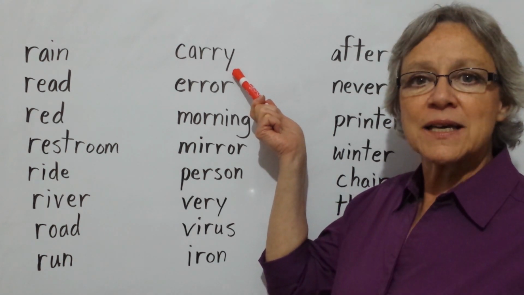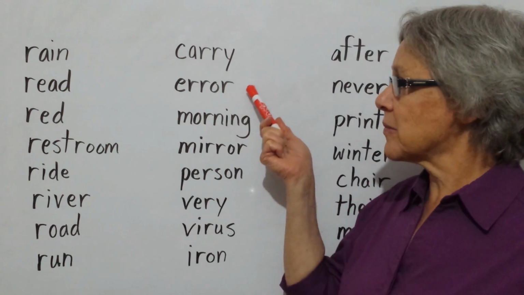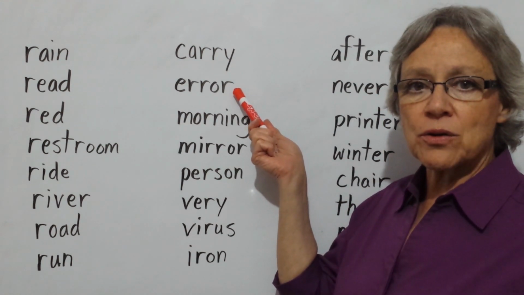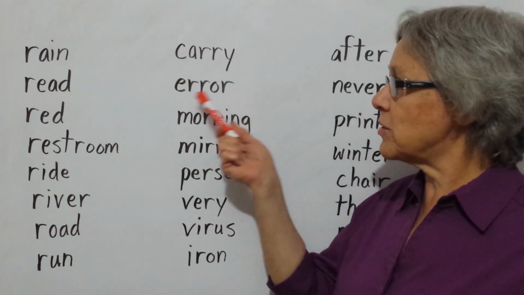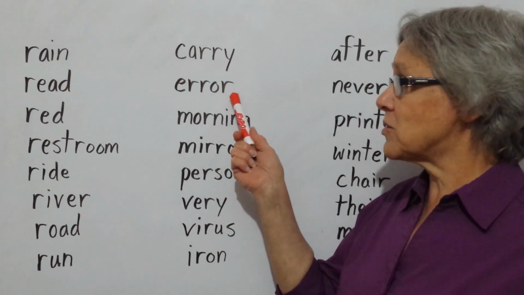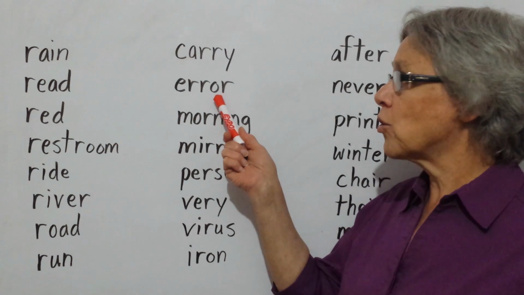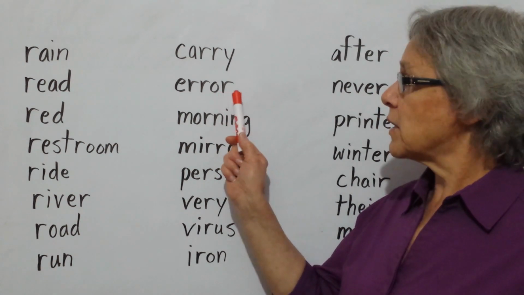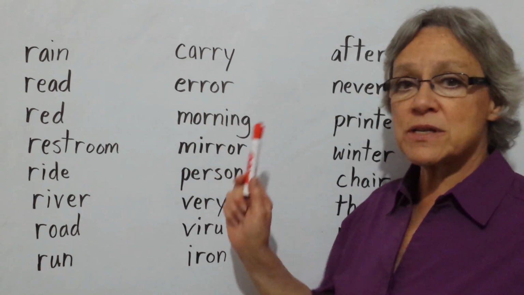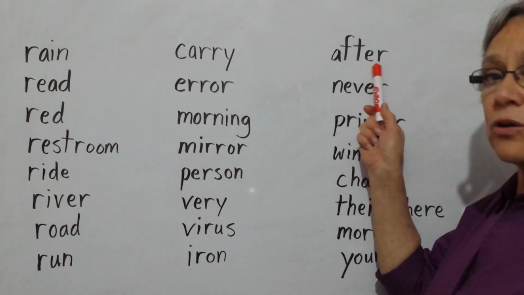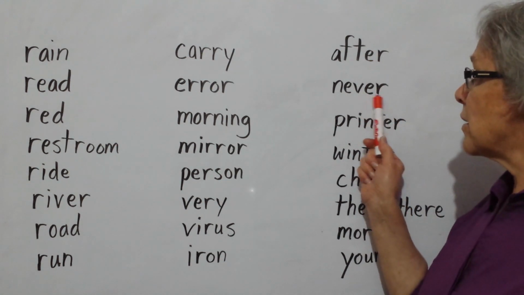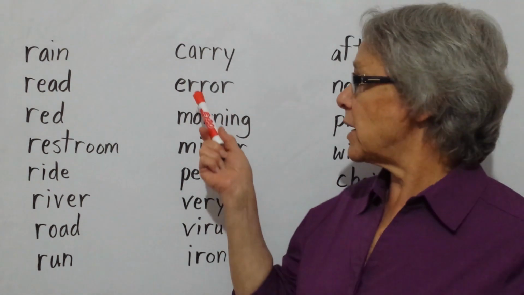Carry, carry. Error, error. Notice we've got the R's in the middle, also at the end. Air, air. This OR sounds the same as ER at the ends of these words, okay?